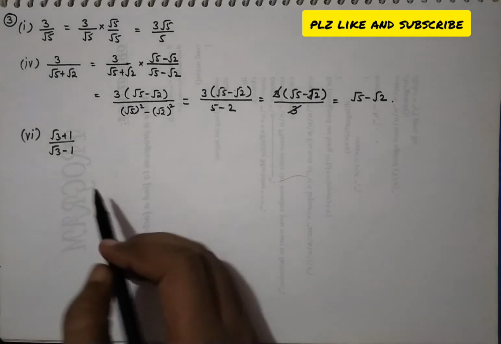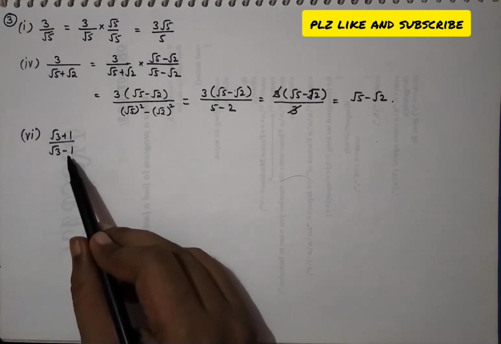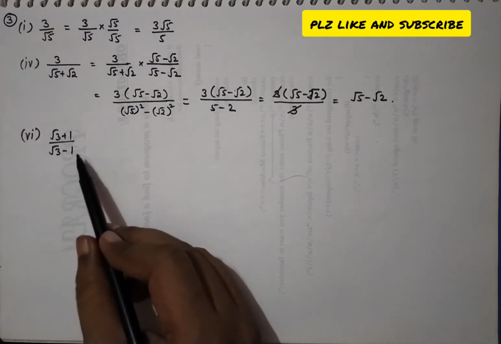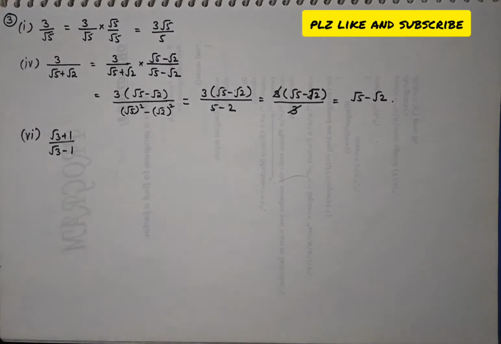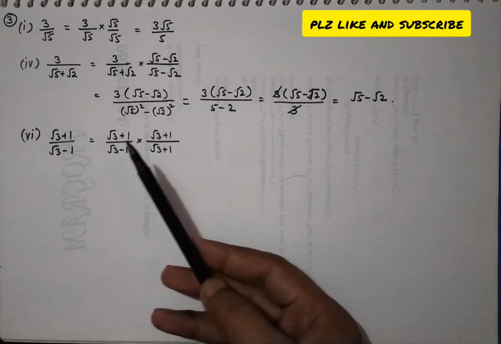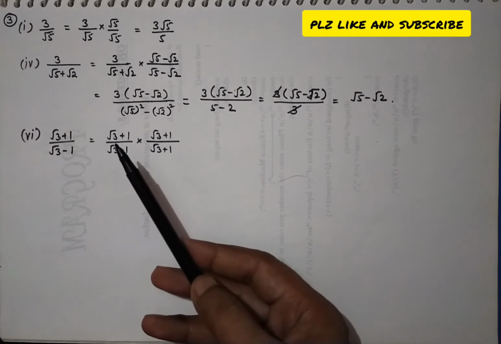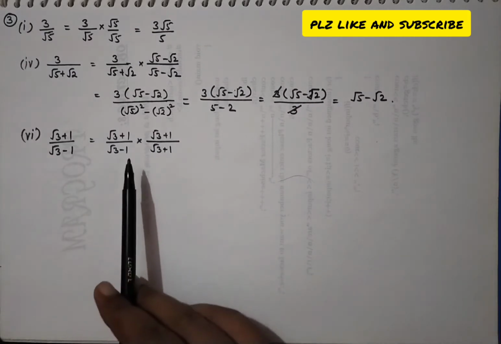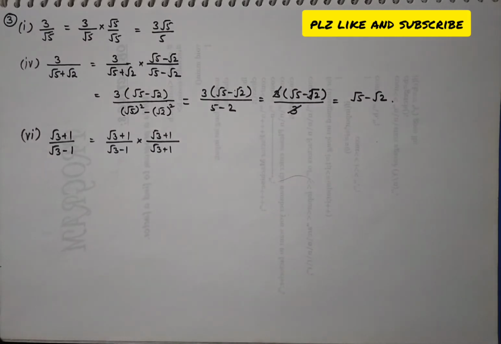Now here again we are going to multiply by the conjugate of the denominator in the numerator as well as in the denominator. After multiplying, we see that in the numerator we have the same number two times, so this will be written as the whole square, root 3 plus 1 to the whole square, and here a square minus b square form.